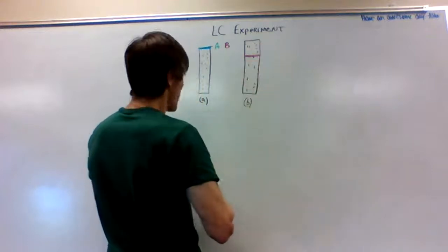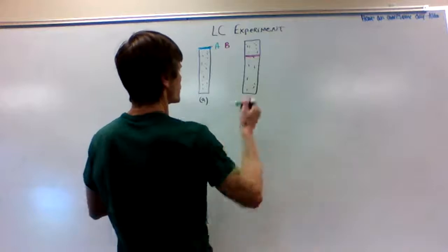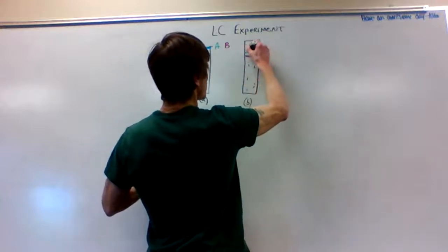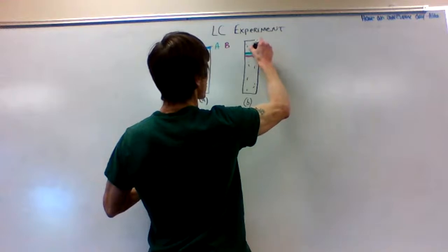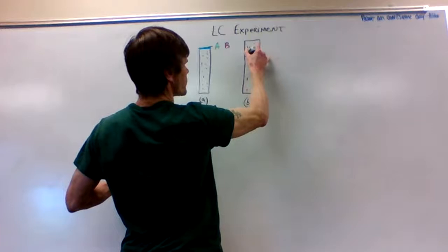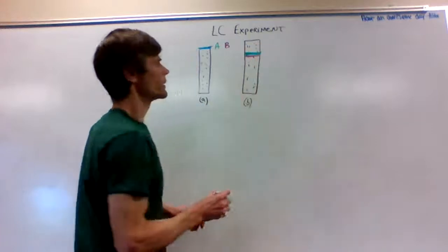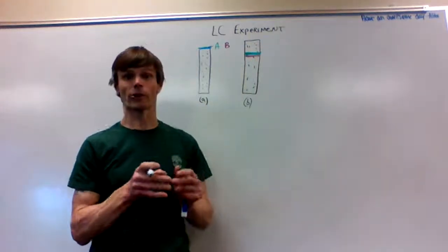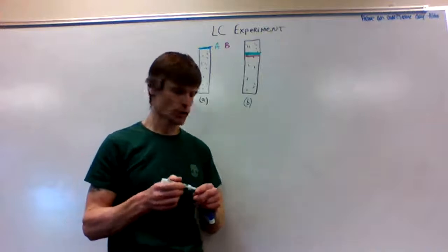And they form these bands. Again, we might be able to see these if we had a transparent column. A and B start to separate. At first, they'll be almost on top of each other. And we'll discuss this a little bit later when we think about resolution.